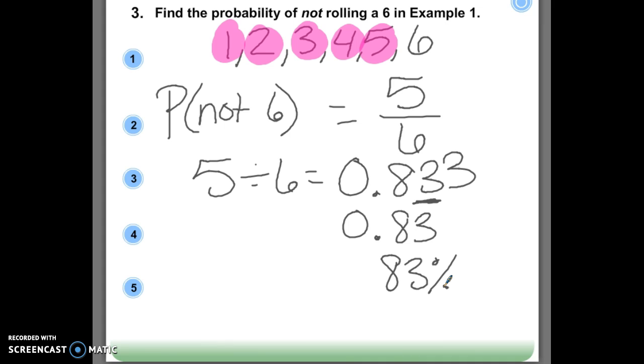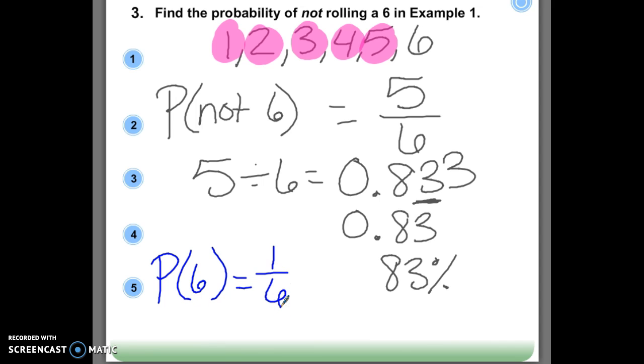Remember, example 1 asked us to find the probability of rolling a 6. When we found the probability of rolling a 6, we found it to be 1/6.